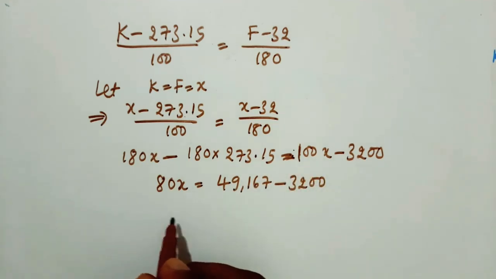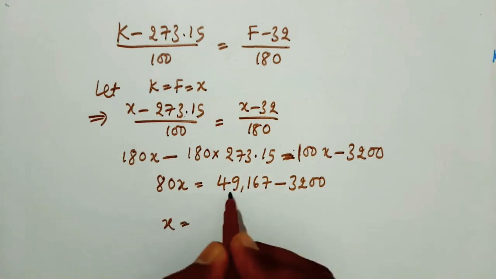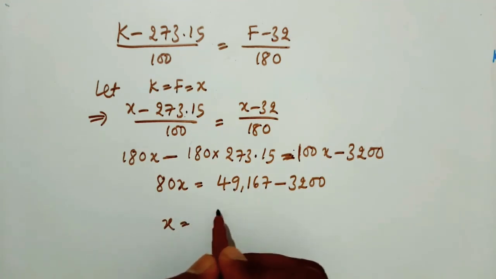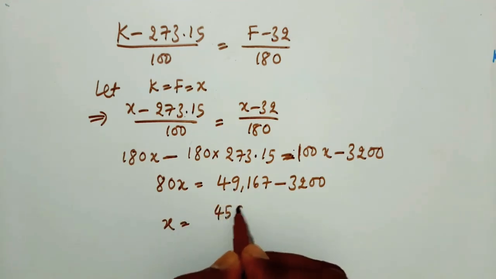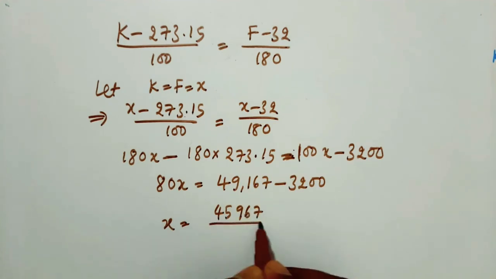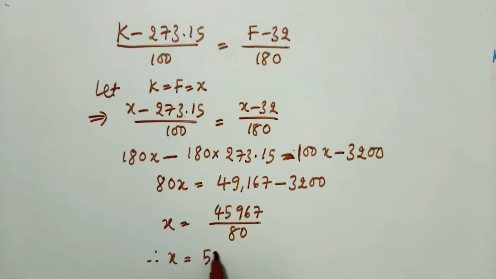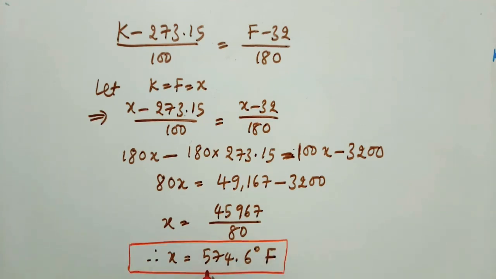Therefore X is equal to 45,967 by 80. So X is equal to 574.6 degree Fahrenheit. At this temperature, Fahrenheit temperature and Kelvin temperature are same.